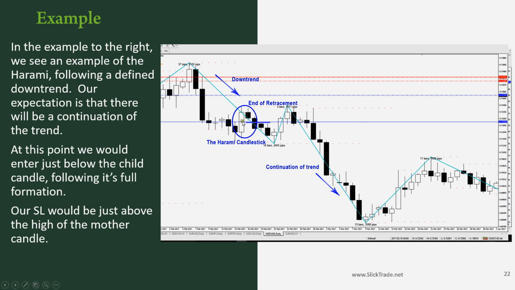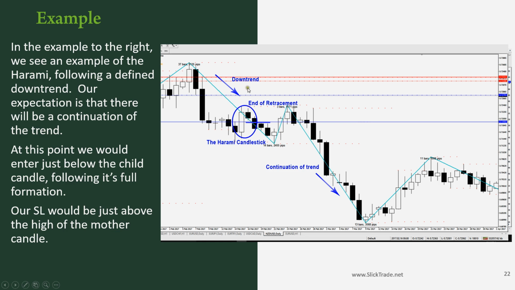However, sometimes you will see where there was a news release or something going on that made a higher or lower tail on the actual child.